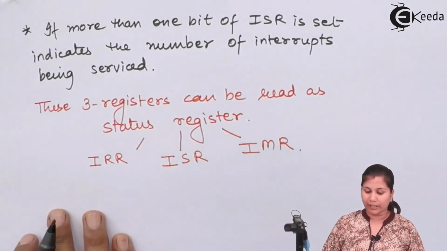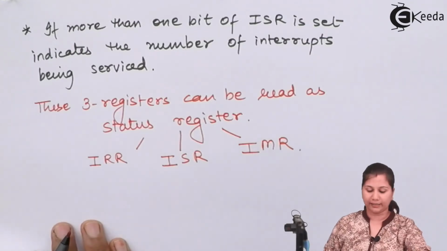Now the next block is the priority resolver.